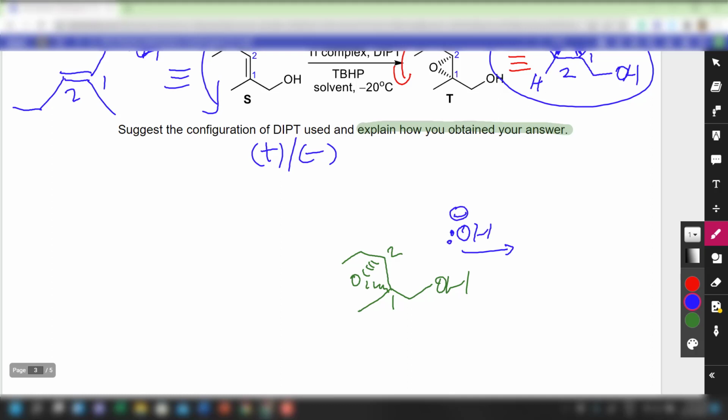A lot of students draw the mechanism like this, and then the ring will open, and they end up with something like this, O minus, and then OH here. There is actually nothing wrong with drawing the mechanism like this, except that it's very difficult to see the rear attack.